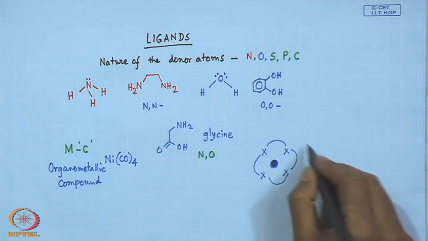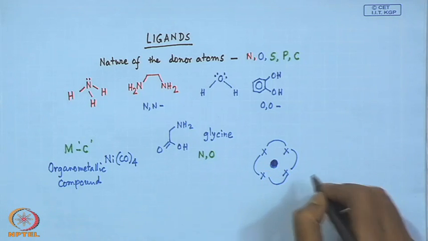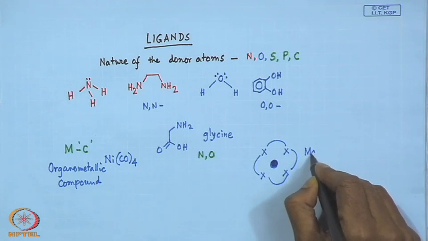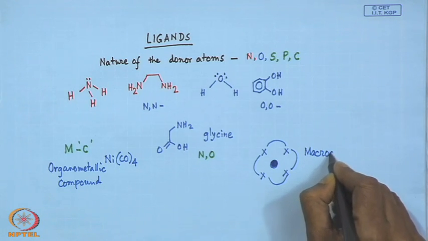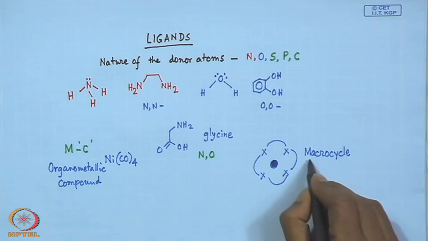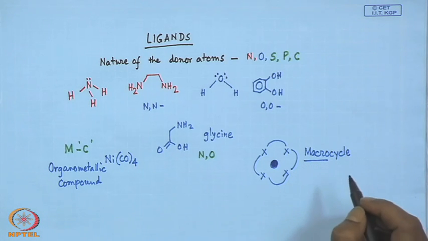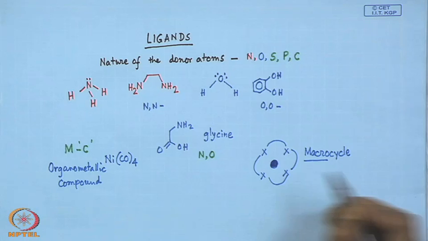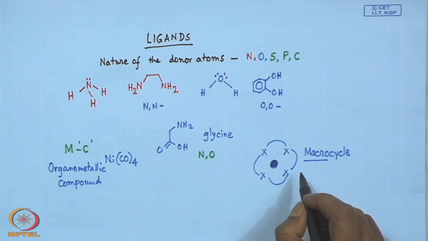We get a bigger cyclic ligand, and this particular cyclic ligand we can consider as a macrocycle, it is a bigger cycle. So, this is the macrocyclic one.